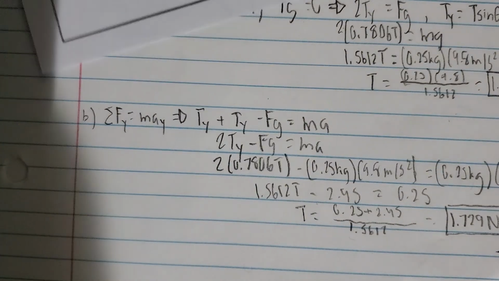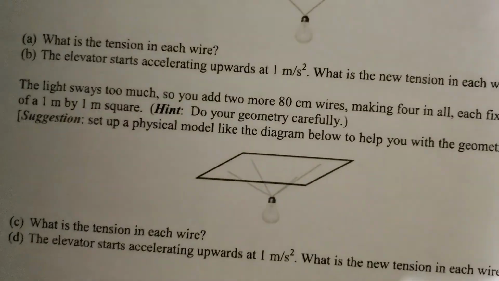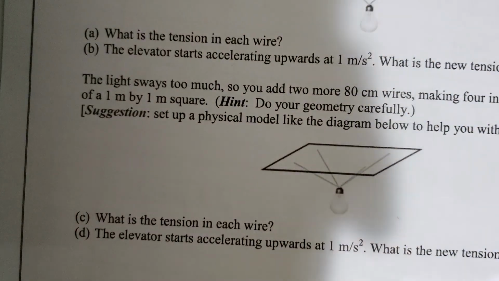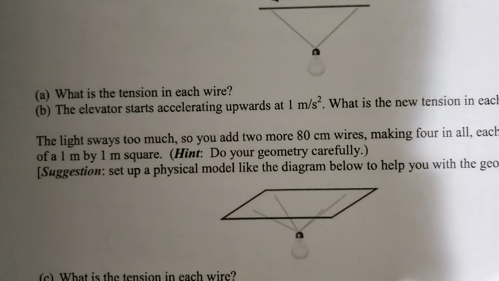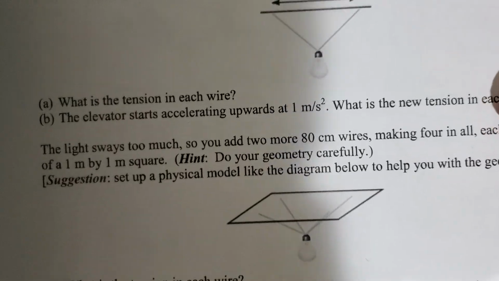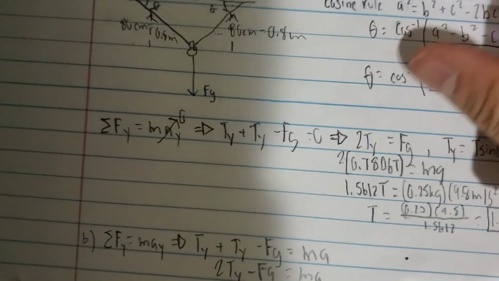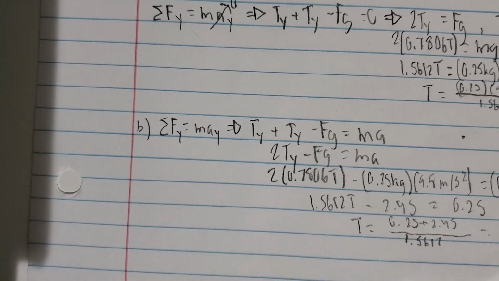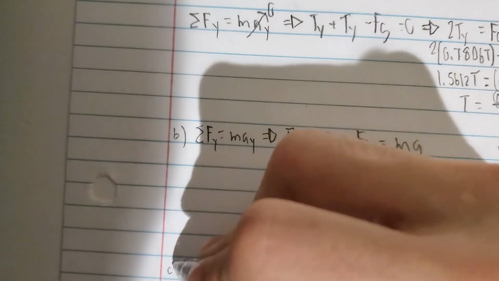Okay, the second part of number 6: we have the same light fixture with a mass of 0.25 kilograms, but this time we have 4 wires instead, each fixed at a corner of a 1 meter by 1 meter square. So again, we're going to draw this out and find our angle.